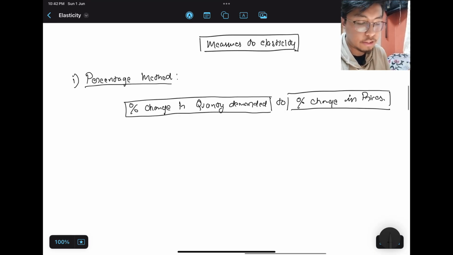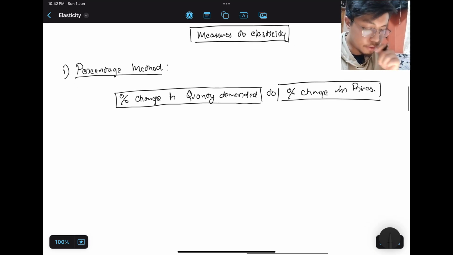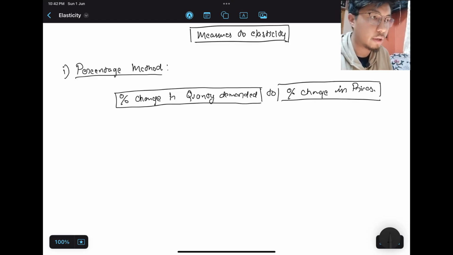Now I'll get into both of these. A percentage change, by how many percent did it change? To give you a brief understanding, if your marks were 50 and suddenly next semester you got 100, by how much percentage have your marks changed? 100%, right?